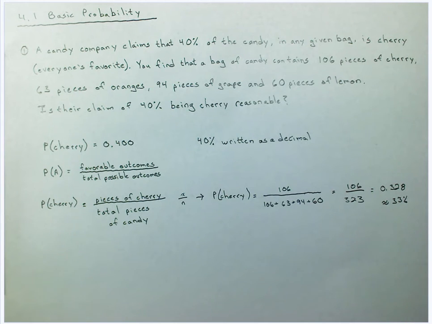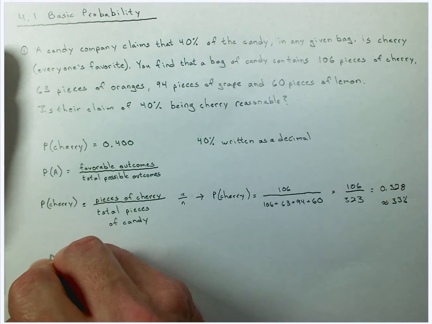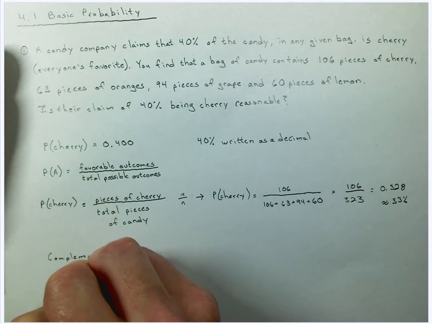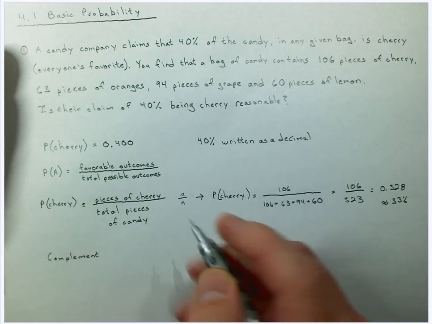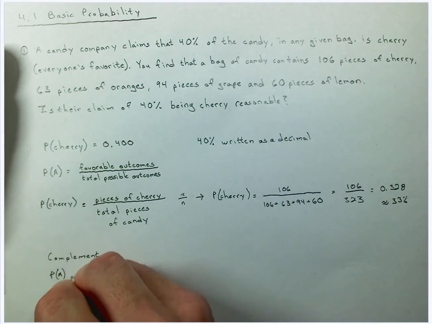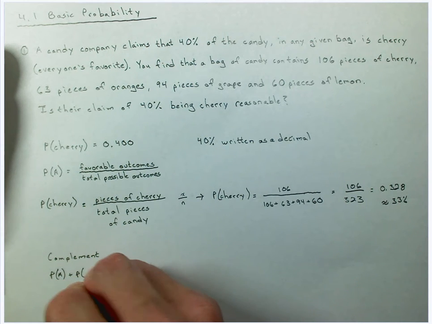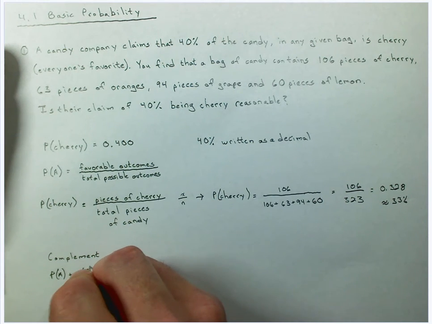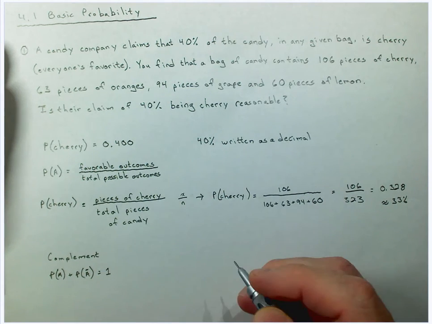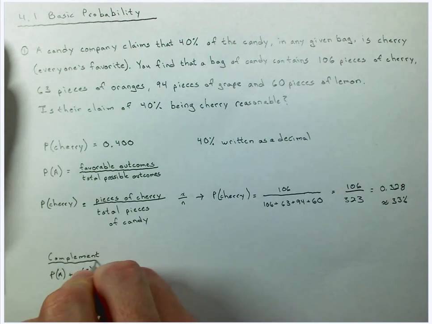So one other thing that I want to talk to you about with just this problem is the complement. What you have, a basic formula, is that you have the probability of some event plus the probability of not that event. And you add those together and it equals 1. That's the complement.